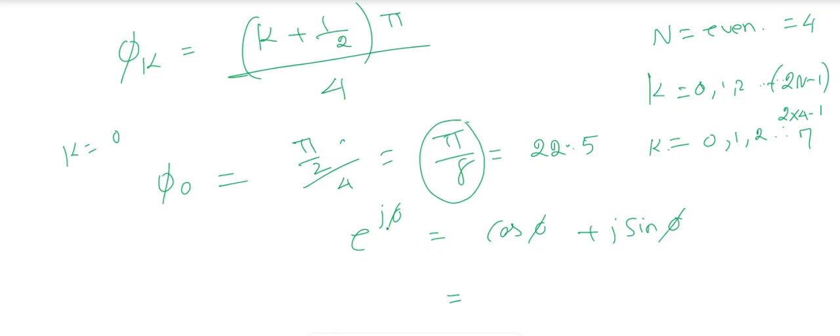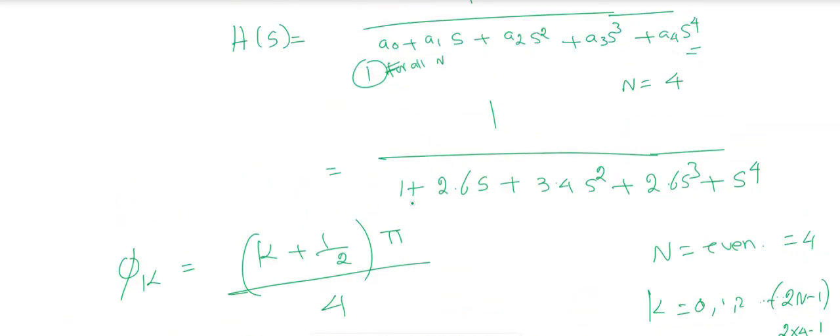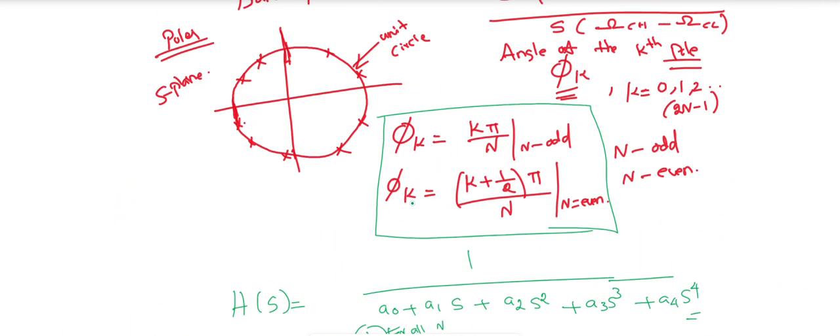If you see here, this is 0, this is 90 degree, this is 180 degree, this is 270 degree.